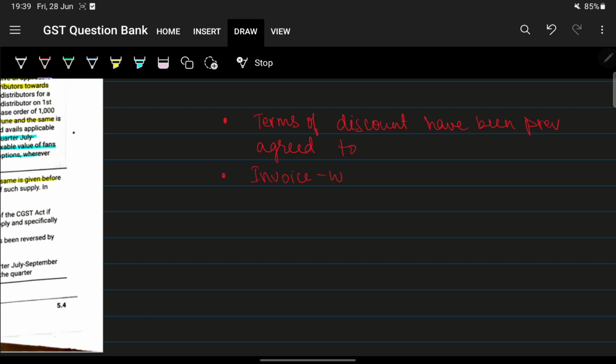Third, ITC should have been reversed by the recipient.